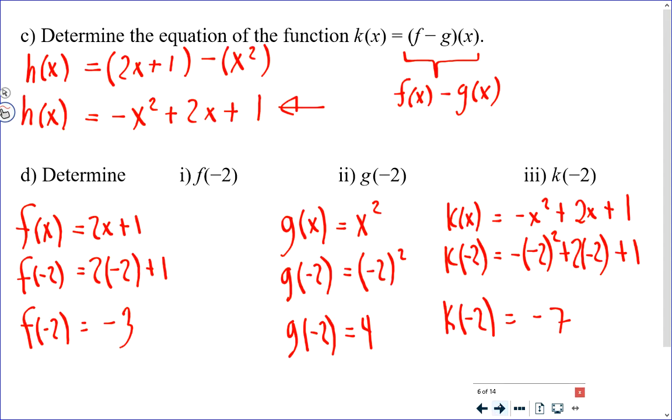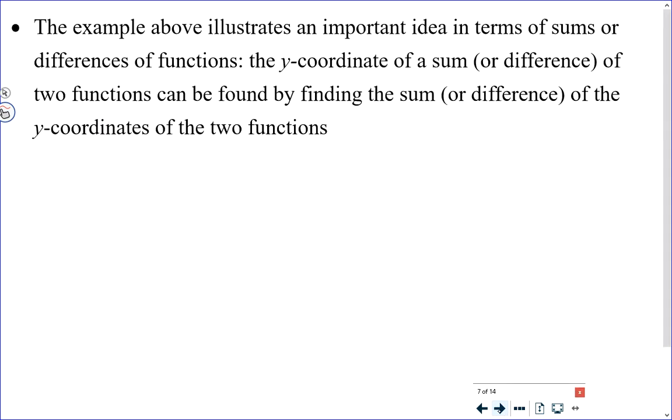If we take a look now at D, if I take f of negative 2, which is negative 3, and I subtract g of negative 2, which is positive 4, negative 3 minus 4 gives you negative 7. So when we're adding or subtracting functions, it's really important that you understand we are adding or subtracting y-coordinates.